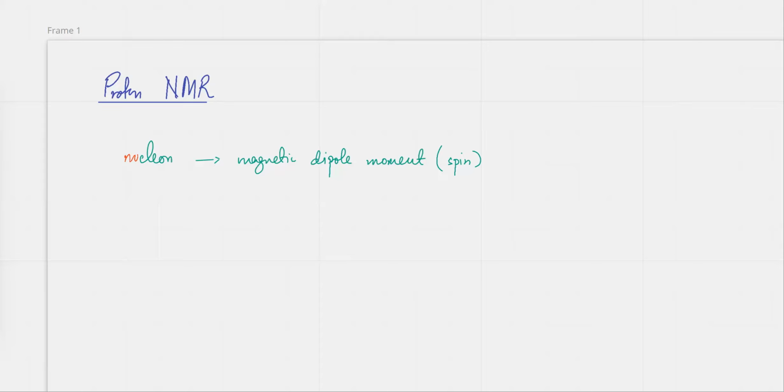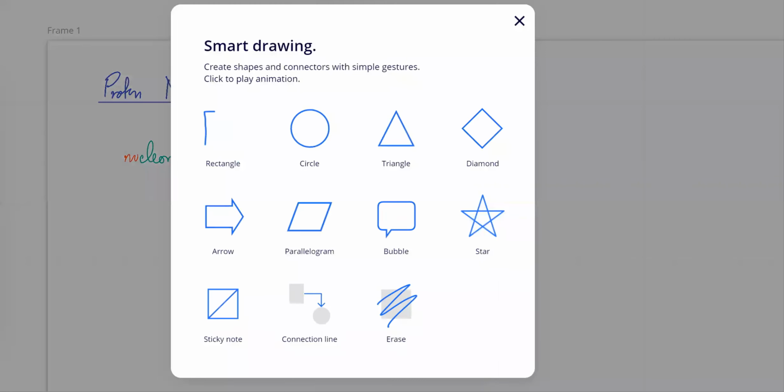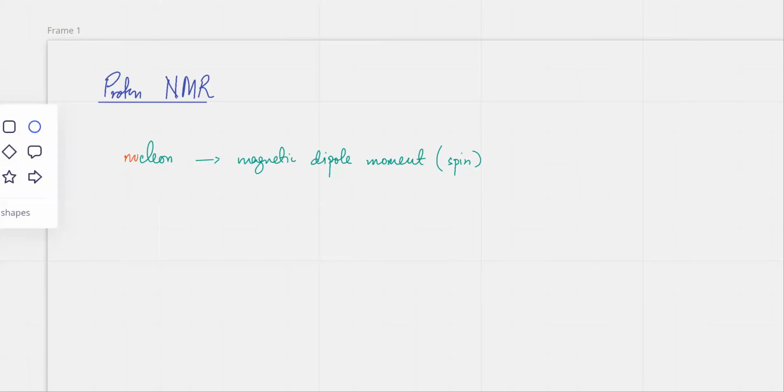So for example, if I draw a proton, think of this as a tiny proton. This proton is going to have a magnetic field. It will have a charge, but it's also going to be acting as a tiny magnet. So think of these nucleons as tiny magnets.